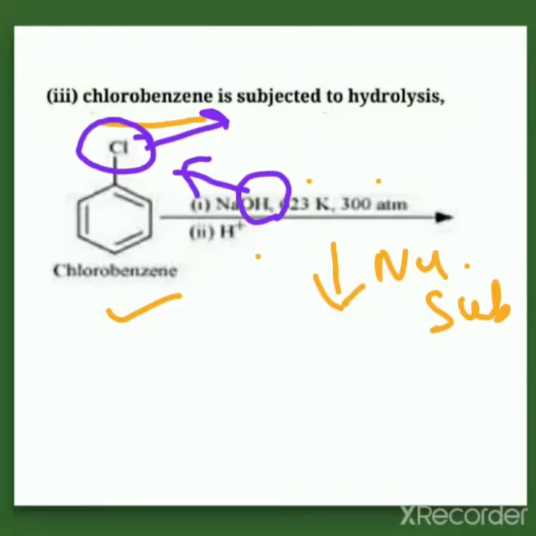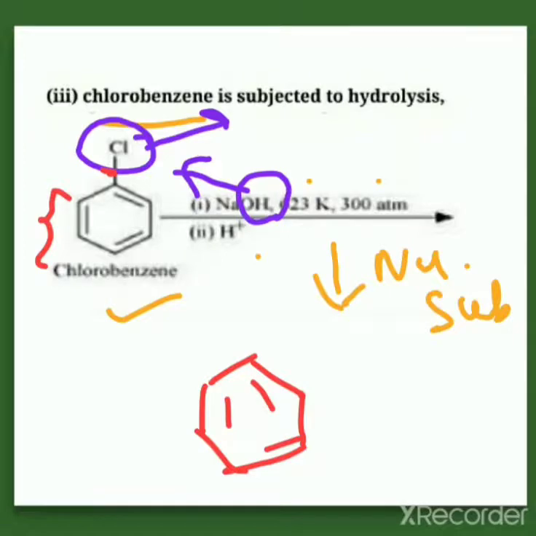So the product will be the benzene ring. This part will be as it is, only you are making the change at the halide part. So the rest of the portion will be as it is. This is the ring, and here we have Cl. In the place of Cl, our substituent OH comes. So the product will be this.